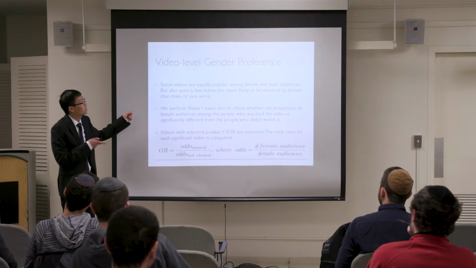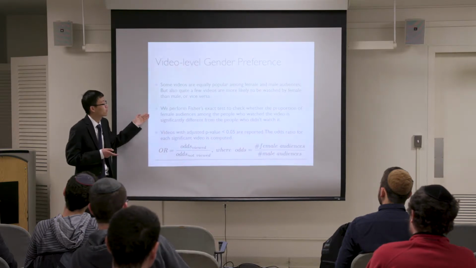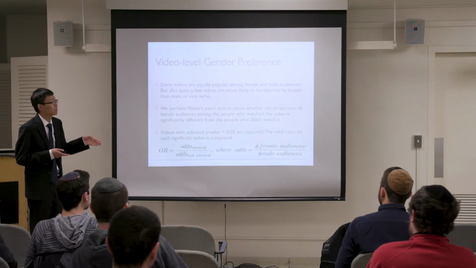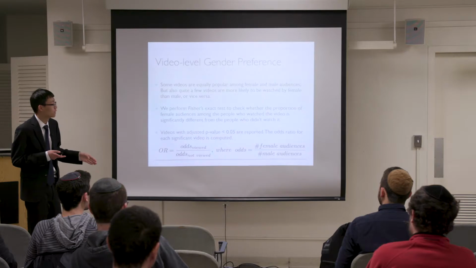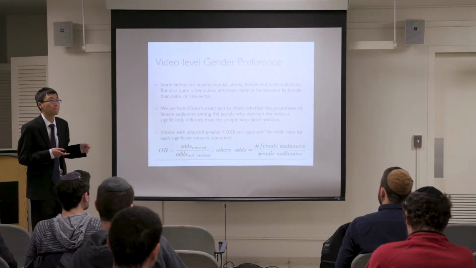To detect the videos with significant gender preference, we performed Fisher's exact test to check whether the proportion of female audiences among the people who watched the video is significantly different from the people who didn't watch it.